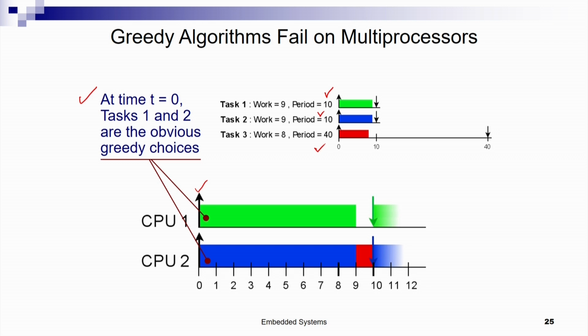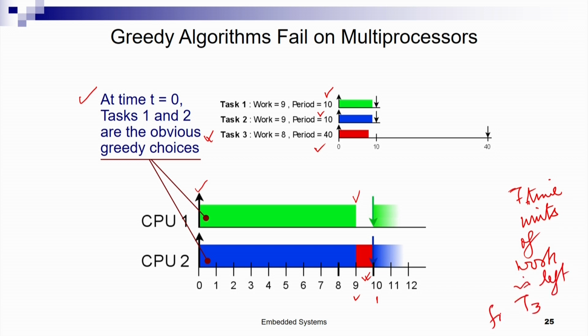Their jobs complete at time 9, and then only the third task is left. It is executed, let us say, on CPU 2 for 1 time unit, and therefore at 10, 7 time units of work are left for T3.